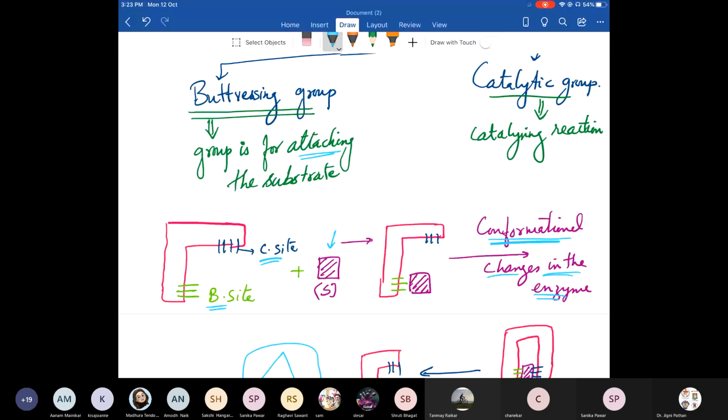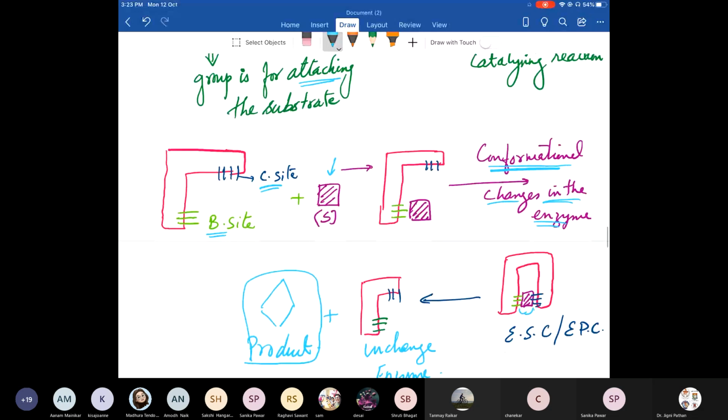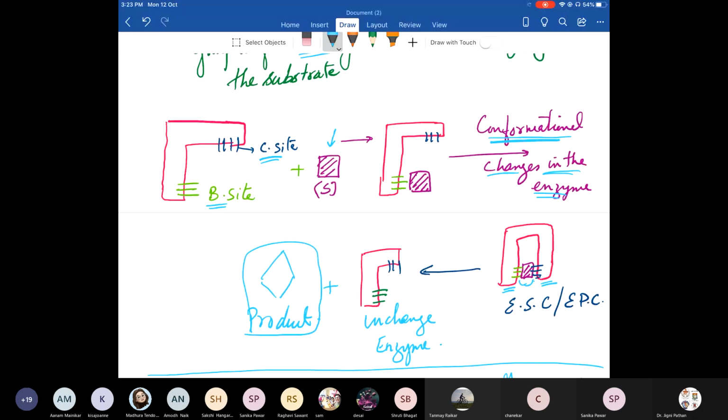The conformational change happens in such a way that the catalytic site comes closer to the buttressing site, and then this forms the product and unchanged enzyme. Yes, clear?